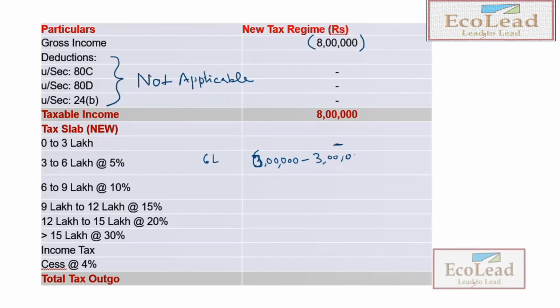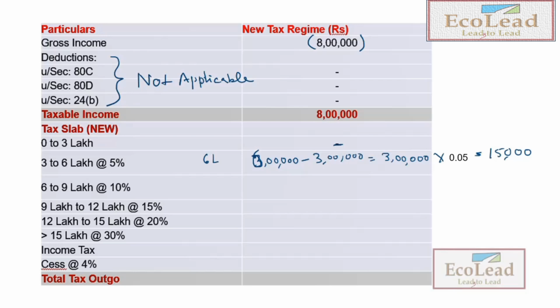What is the remaining value? The value will be 3 lakh rupees. Now on this 3 lakh, how much tax will be levied? 5%. So we will multiply it by 0.05 and the value will be 15,000 rupees. So 15,000 rupees will be the tax up to the income of 6 lakh.